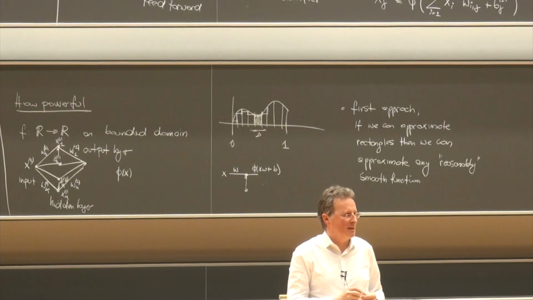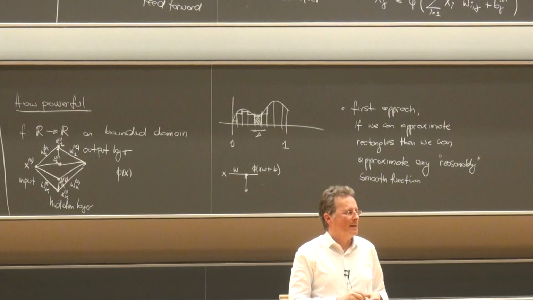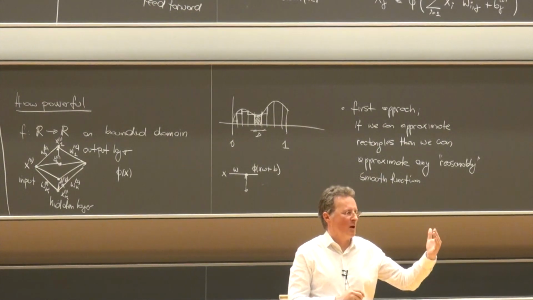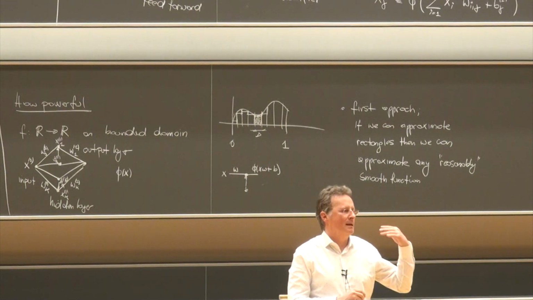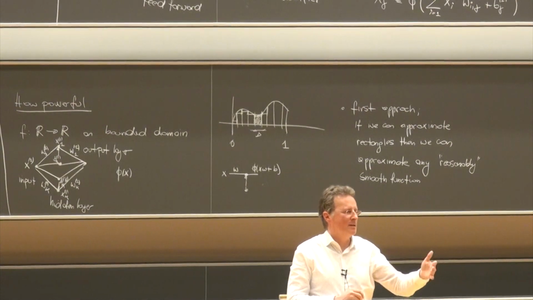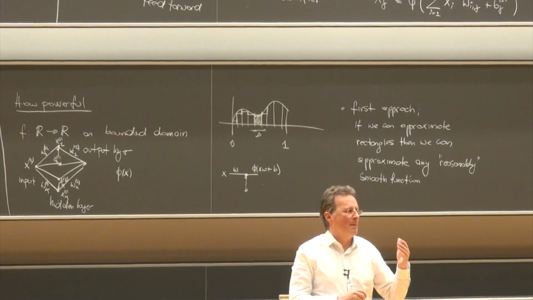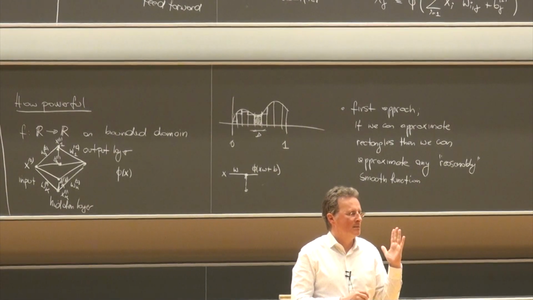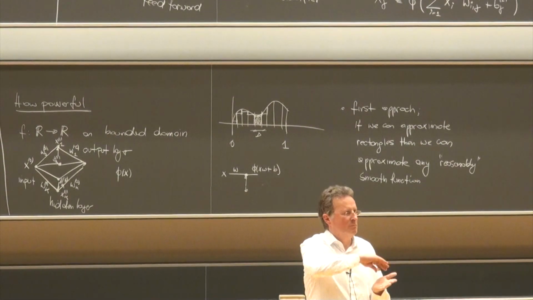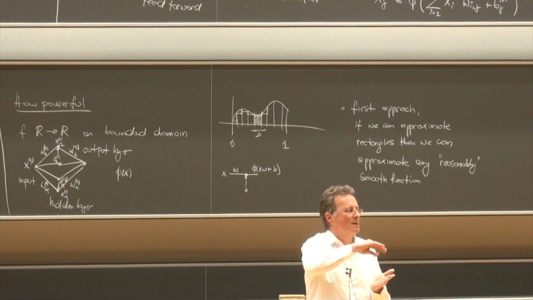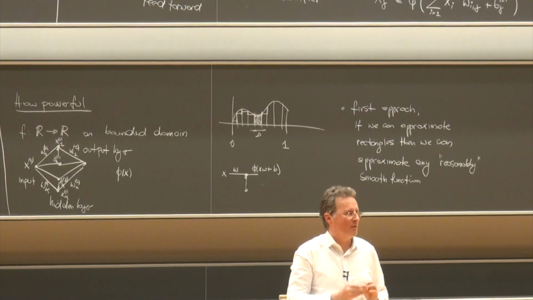That's how I will approximate it. And now we'll have to talk about how I want to approximate it: in L1 norm, L2 norm, L infinity norm. But I hope it's clear that if this function, let's assume it's a continuous function, I can do that with enough rectangles.